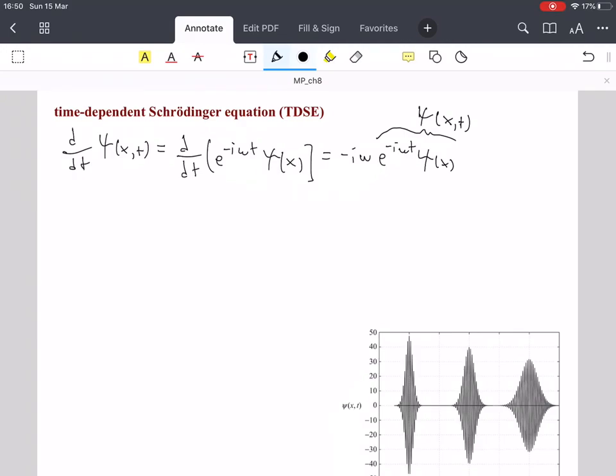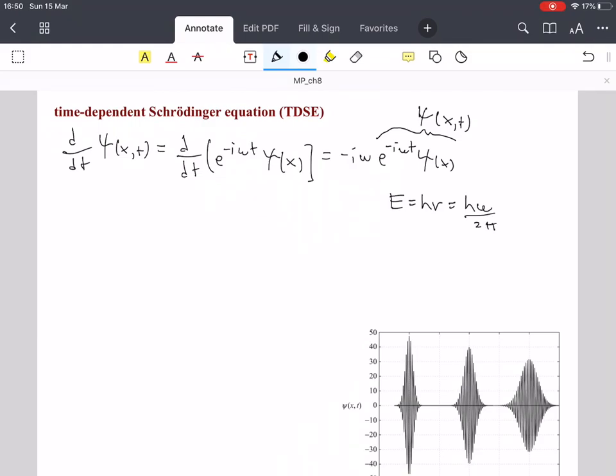So we have this negative i omega in front, and what we can do now is write that in terms of the total energy. We can use the relationship that we had before, where with Planck's law, E equals h nu, and nu is omega over 2 pi.